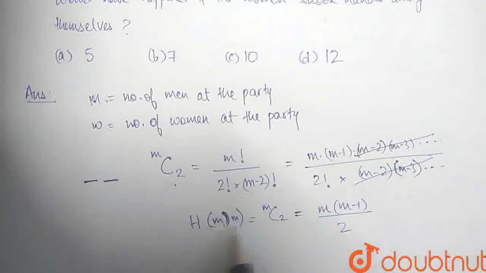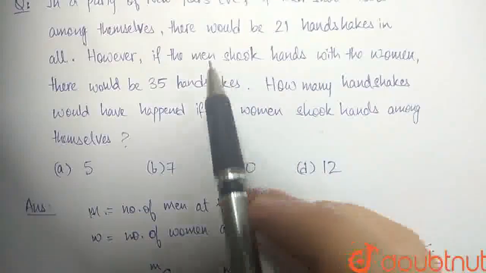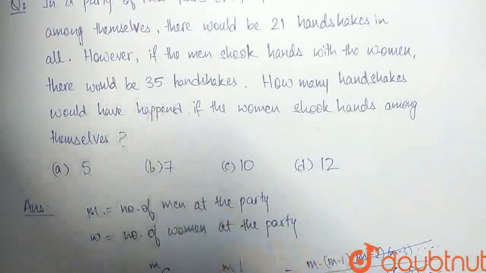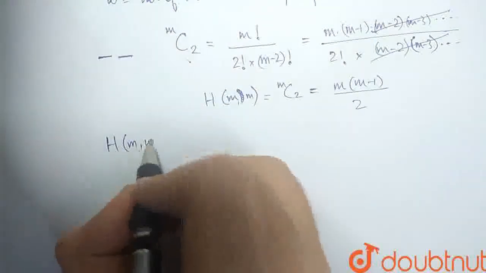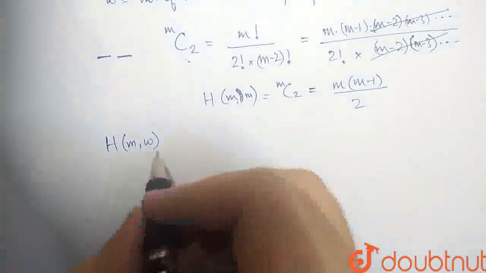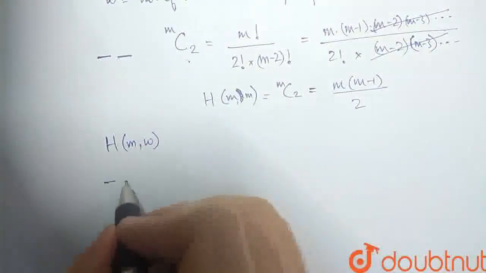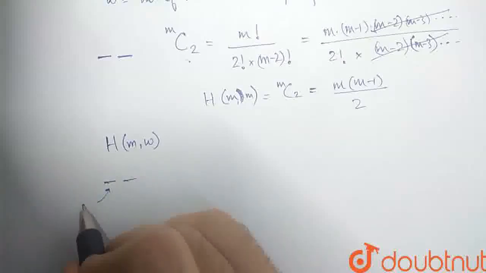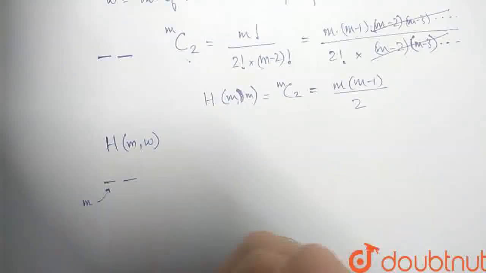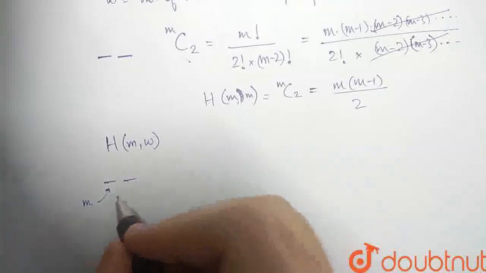So let H define the number of handshakes. When both the participants of the handshake were men, the number of handshakes was M times M minus 1 by 2. Next, it says that if men shook hands with the women, there would be 35 handshakes, which means we need to find out H of M and W, where one participant was a man and the other was a woman. Here we have on the left M options, there are M men, so we can choose any one of them.